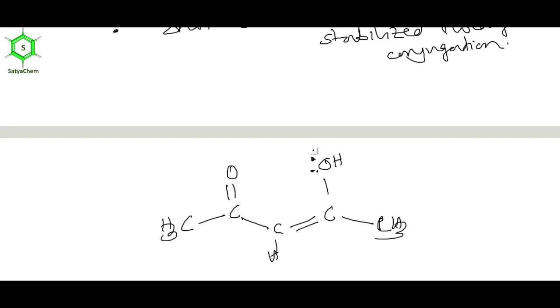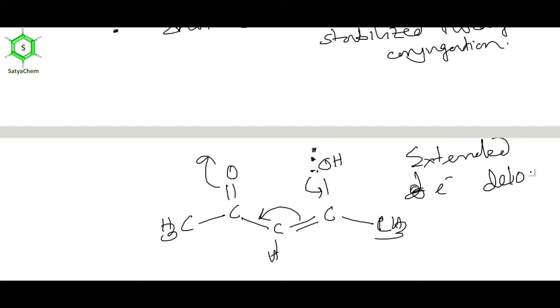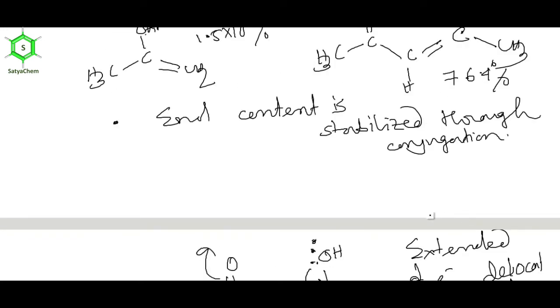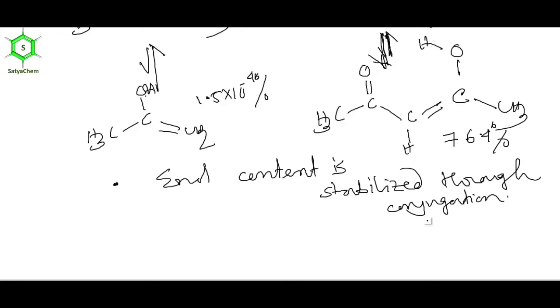Two lone pairs, so extended electron delocalization. This extended electron delocalization stabilizes the system. Clear? So the first point was that enol content is stabilized through conjugation.